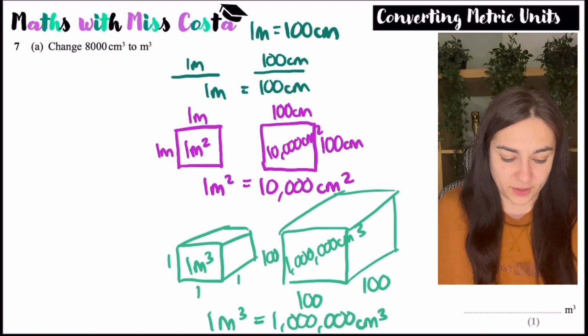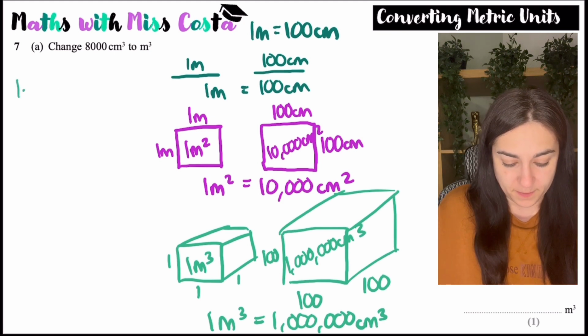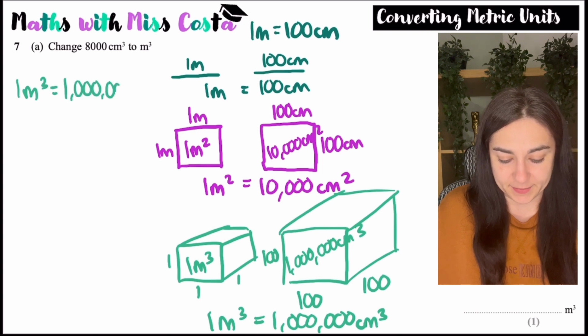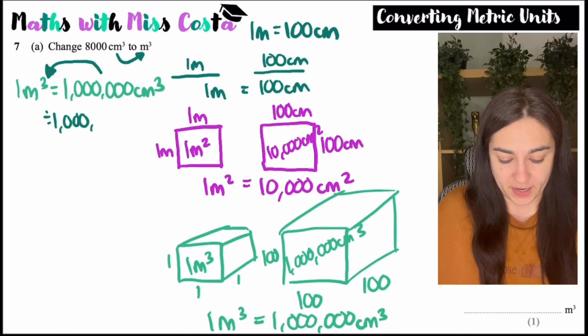So now that I know that 1 meter cubed is 1,000,000 centimeters cubed, what do I do to go from centimeters cubed to meters cubed? Well, to get from 1,000,000 to 1, I divide by 1,000,000.